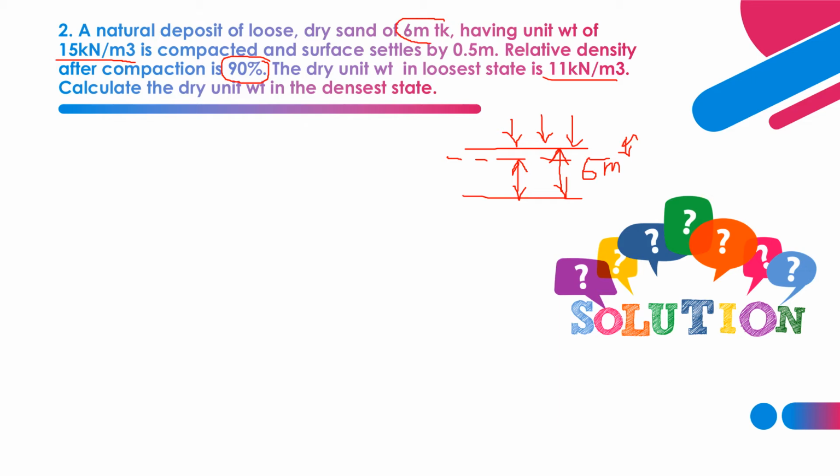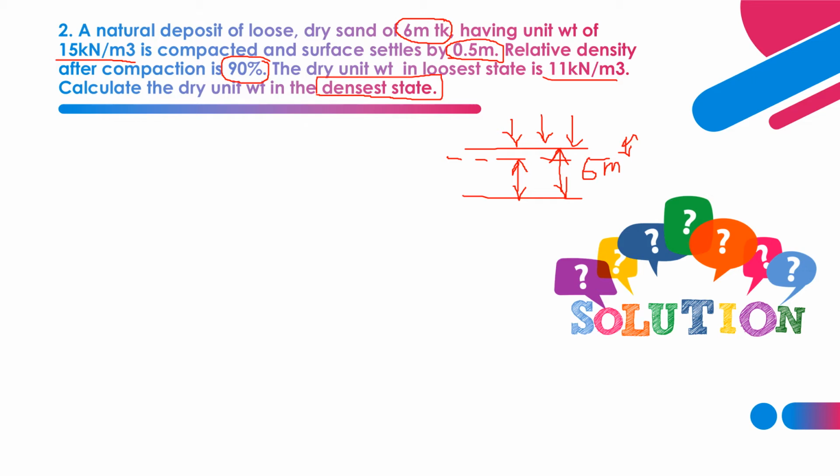Given data is 6 meter thickness before compaction, and before compaction unit weight was 15 kilonewton per meter cube, and after compaction it settles by around 0.5 meter, and the relative density after the compaction is 90%. The dry unit weight in loosest state, that is before compaction, the dry unit weight was 11 kilonewton per meter cube, and we have to calculate the dry unit weight in densest, that is well compacted state.